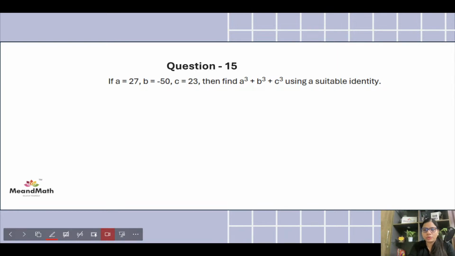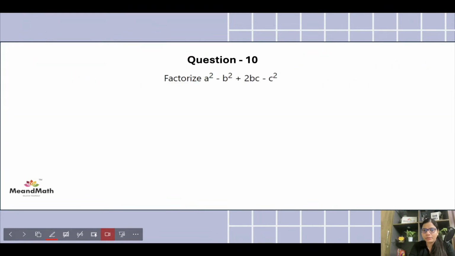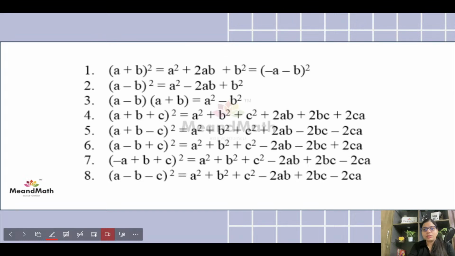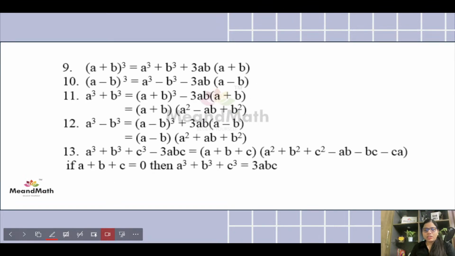If you want to go through the identities, let's have a quick go through. So we have identities here. So A cubed plus B cubed plus C cubed, as you can see here, is all about the same thing. So let me just take probably this one. It would be the use of this thing there.